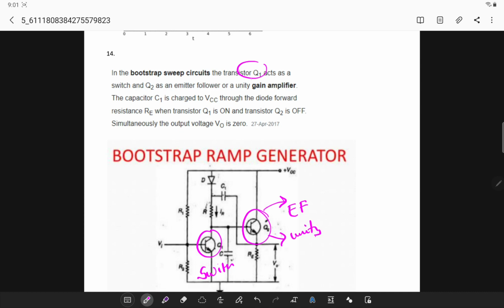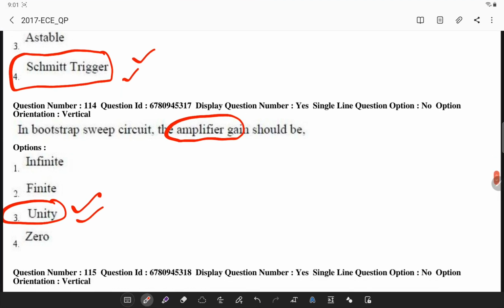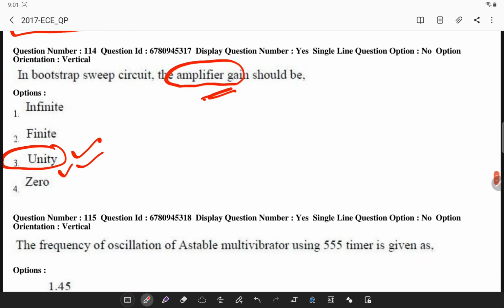So transistor Q1 acts as a switch and Q2 acts as an emitter follower or unity gain amplifier. So here the gain is 1. Based on the switching action you will be getting the ramp signal, but the question is what is the amplifier gain, which is unity gain.